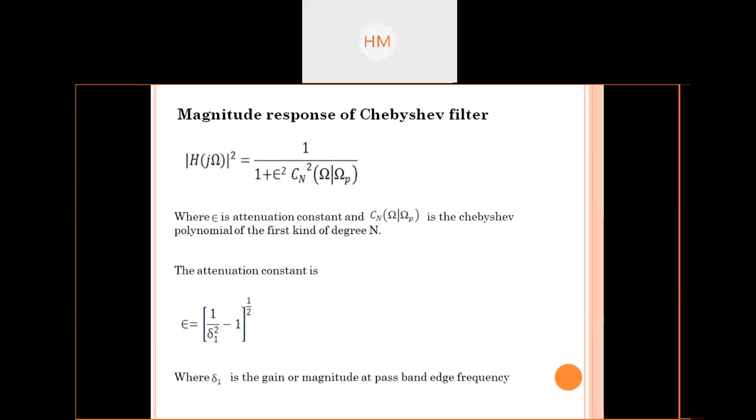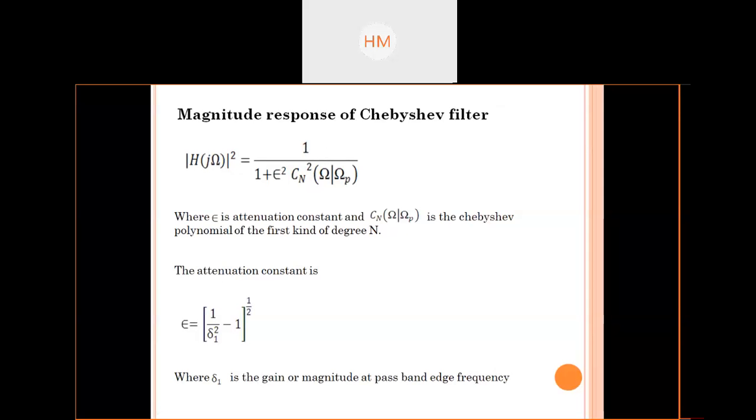The attenuation constant epsilon is given by 1 upon delta 1 square minus 1, to the power half. Epsilon is the attenuation constant. Instead of 1, we can write capital A also, which shows the gain of the filter. Epsilon is a constant.